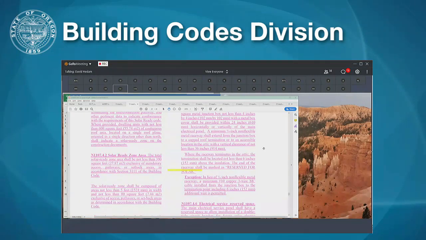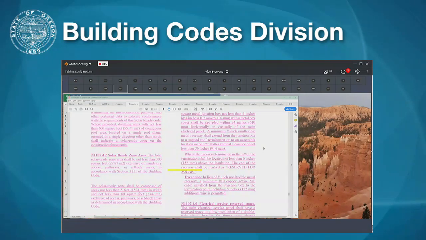So perhaps there'd be other people on the line around this, but the 300 square feet is the area for the array itself. And that area is the minimum size, but it also doesn't say that it has to be contiguous.